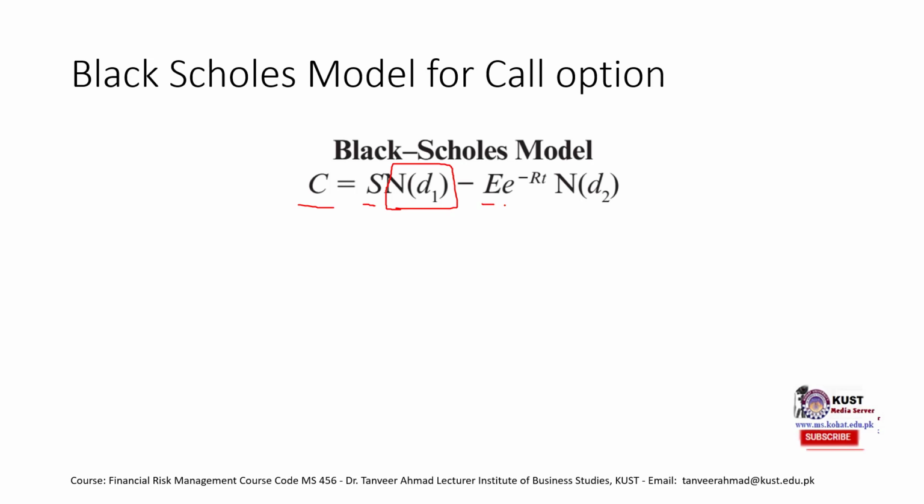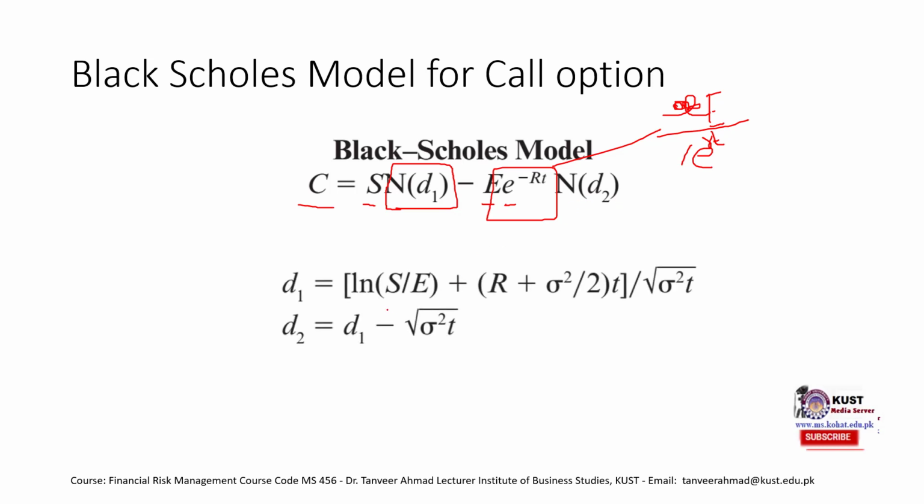Minus the exercise price into e, which is a constant, 2.71, raised to the power minus risk-free rate into time to expiration, or this portion can also be written as E divided by e^(rT), right? Into N(d2).